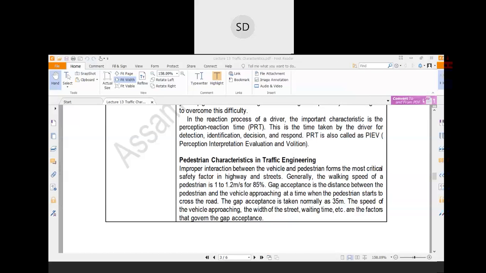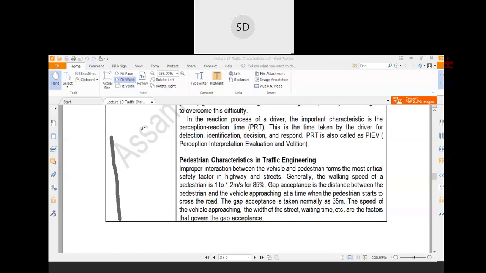Now, gap acceptance is the distance between the pedestrian and the vehicle approaching at the time when the pedestrian starts to cross the road.